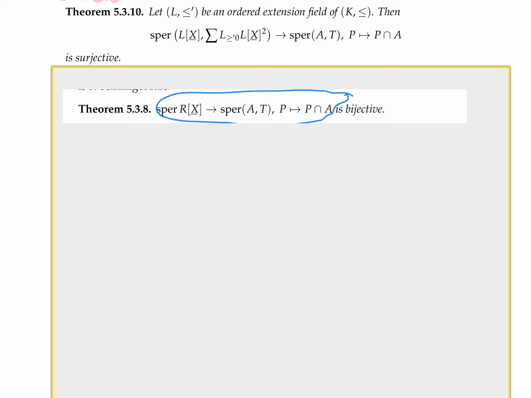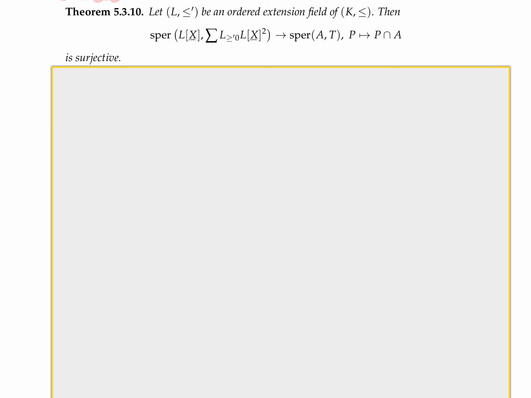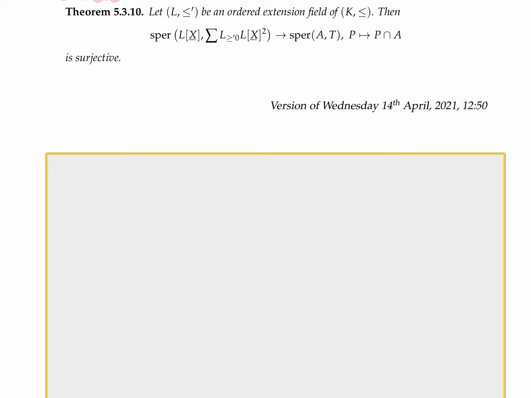And the second difference is that the proof of this was really easy using the ultrafilter theorem. Here we will again give a proof with the ultrafilter theorem, but it will be more involved.